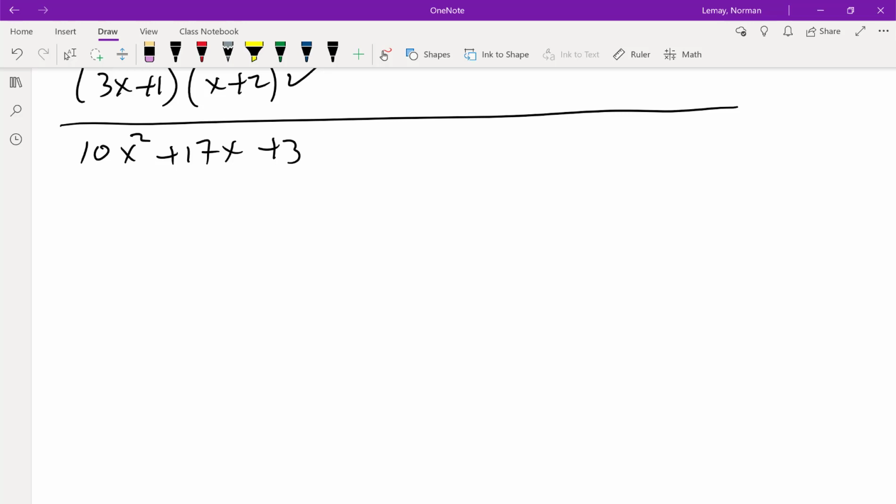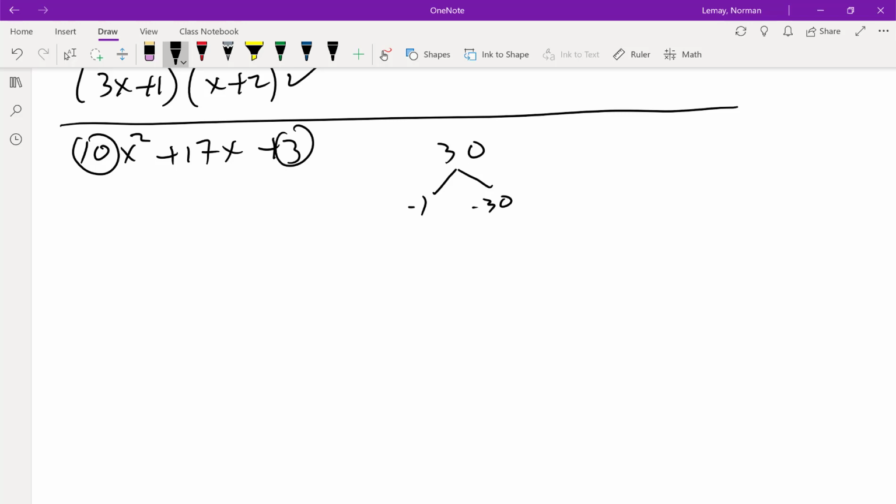So here we take 10, multiply it by 3. Notice I get 30. So now the question is, what are the factors of 30 that add up to 17? Again, we get 1 times 30. Notice that this multiplies to 30, but I don't get my sum of 17. And for completeness, I can do the negatives.